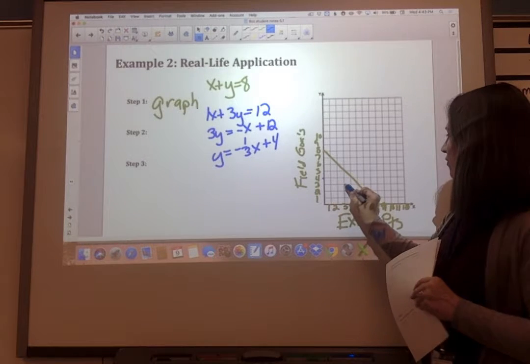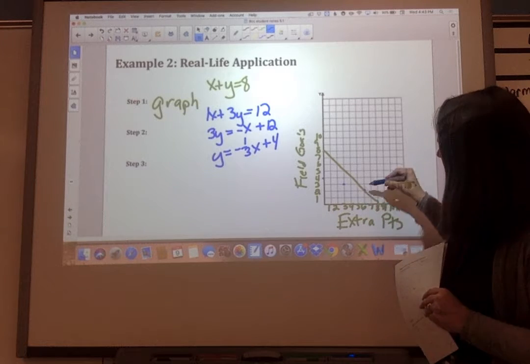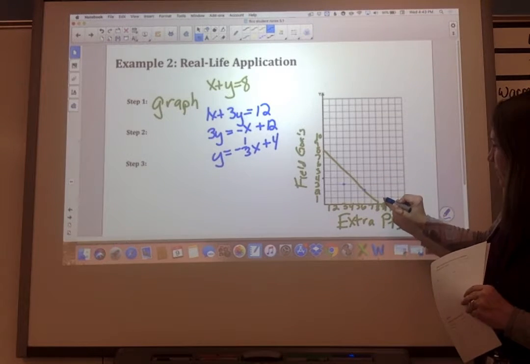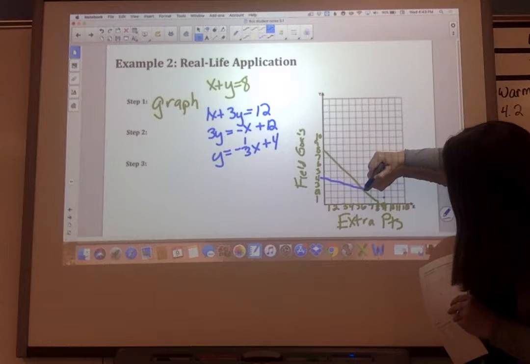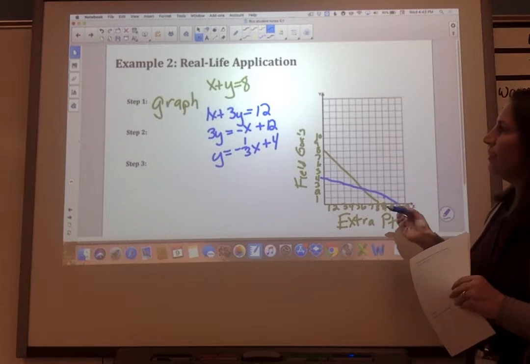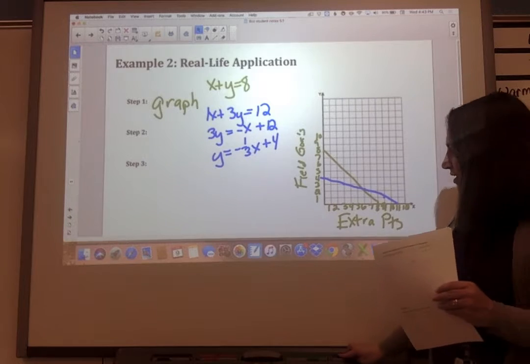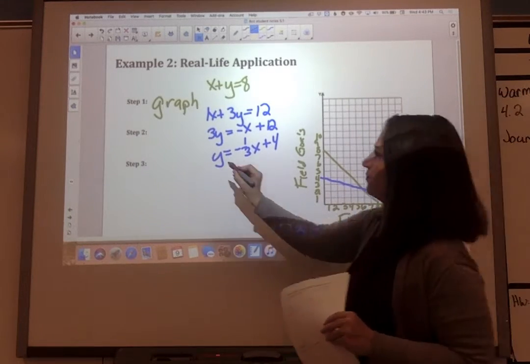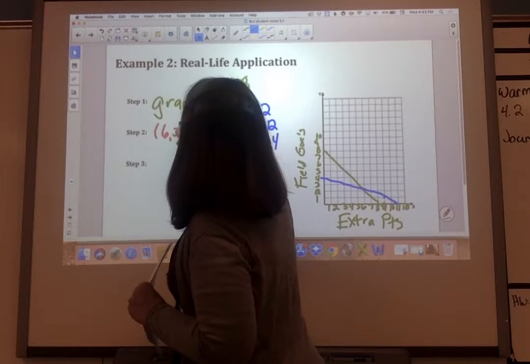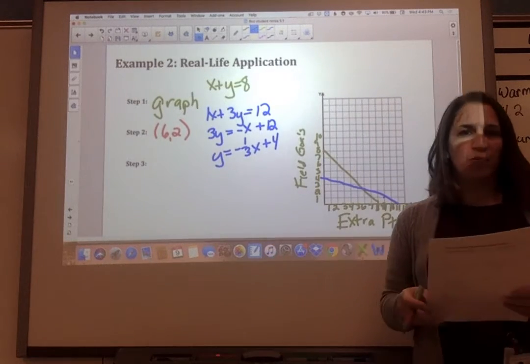So we'll go down 1 over 3, down 1 over 3. And I can kind of see where it's going to intersect right here. Draw my line. Okay. So by graphing these, it looks to me like the point of intersection is at 6, 2. So that's going to be our estimate.